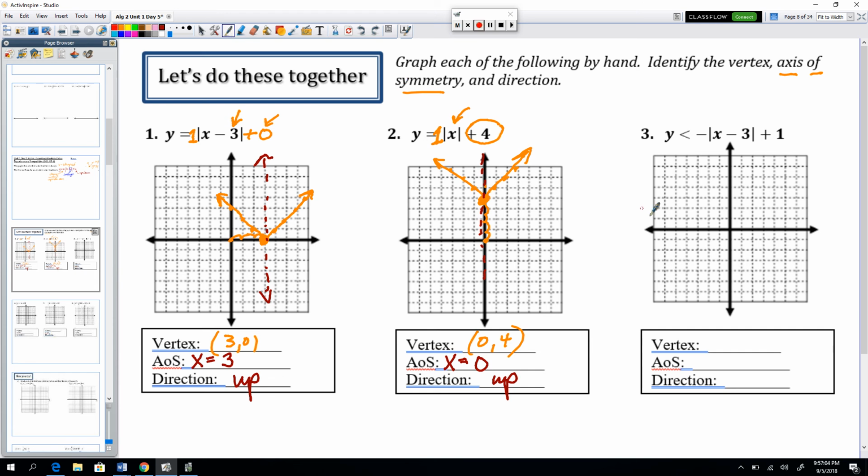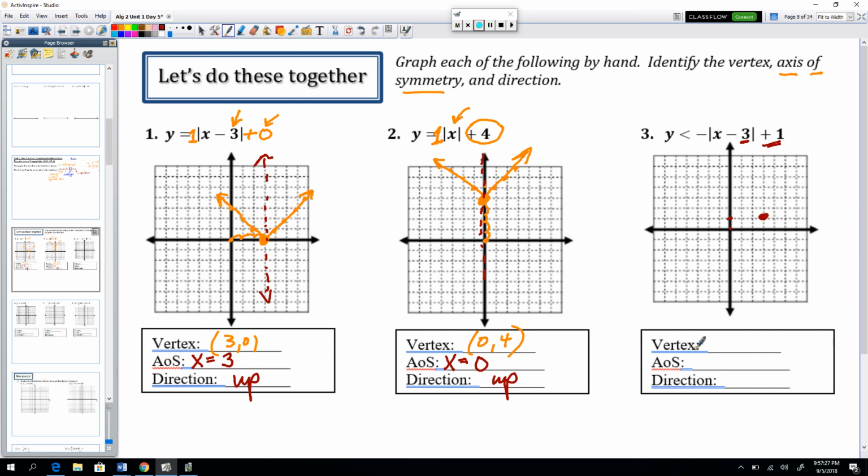So again, our parent function starts at 0, 0. This means I go up 1. So now I'm up 1. This means I go right 3, because remember, standard form is x minus the h, and so I'm taking the 3 as is, so I go right 1, 2, 3. There's the new vertex.